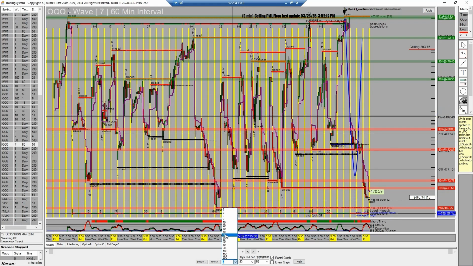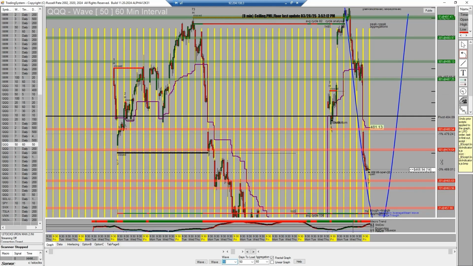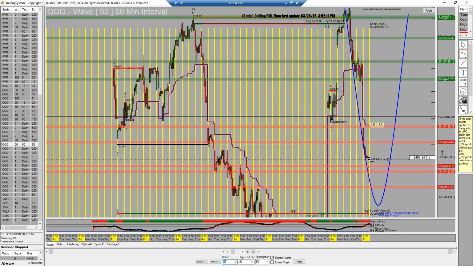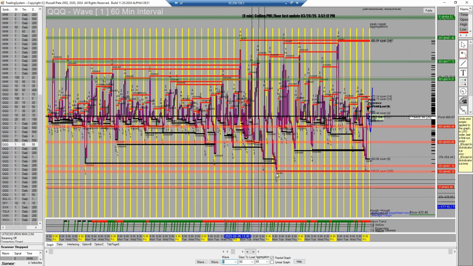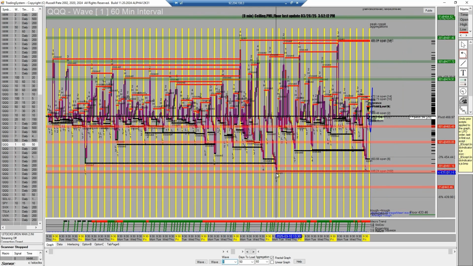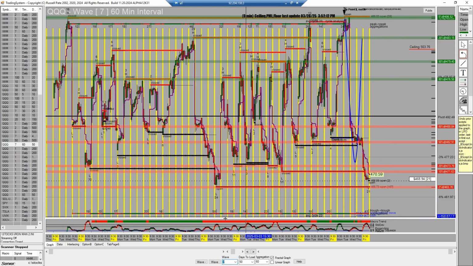But if I move to wave 50, you can see the number of transitions decreased. If I move to wave 1, look right here, the number of transitions increased drastically. The lower the wave number, the higher the number of transitions. Simple. Now if I come back to wave 7, this is a very neutral amount of data. This is very basic to understand, I guess.